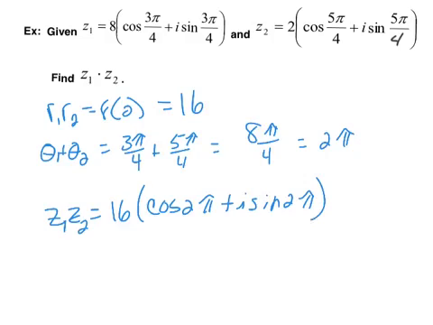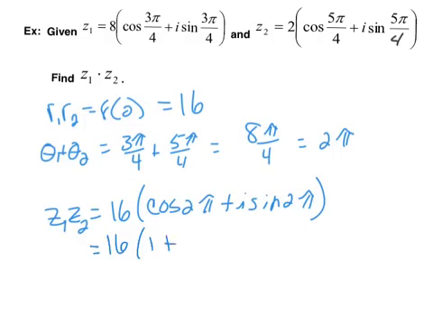And that's my answer. Now, if I wanted to convert this to rectangular form, all I do is evaluate the cosine of 2 pi and the sine of 2 pi, and then multiply by 16. This is a quadrantal angle, so these answers are either going to be 0 or 1. For the cosine of 2 pi, it's 1.